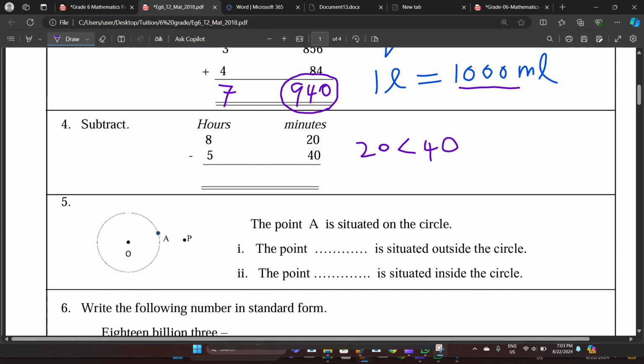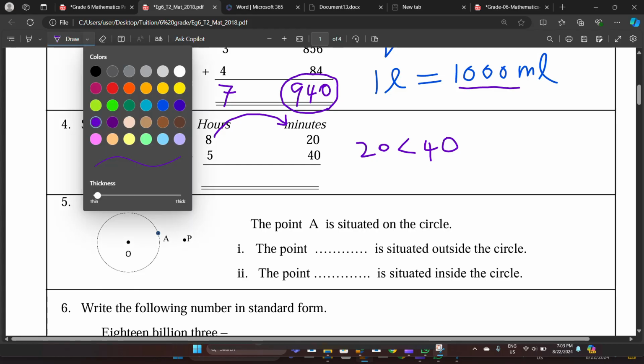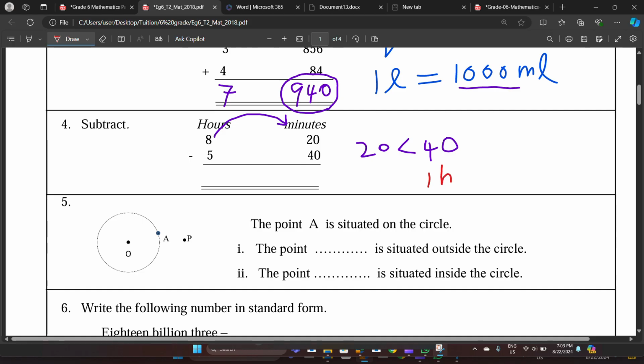So we can't do any subtraction on this. Because of that, we have to take an hour to the minute part. Tell me, how many minutes does an hour have? The hour has 60 minutes. So when we take 1 hour from the hours part to the minutes part, we automatically receive 60 minutes.